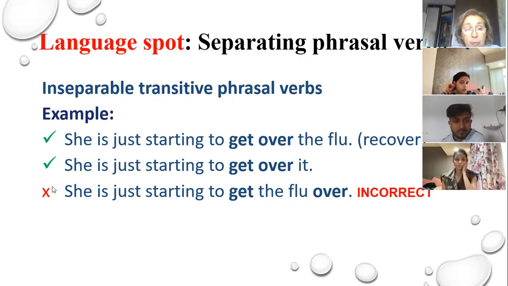It is also possible to say she's just starting to get over it. It stands for the flu. But we can't use the flu or it between the verb and particle. She's just starting to get the flu over is incorrect.